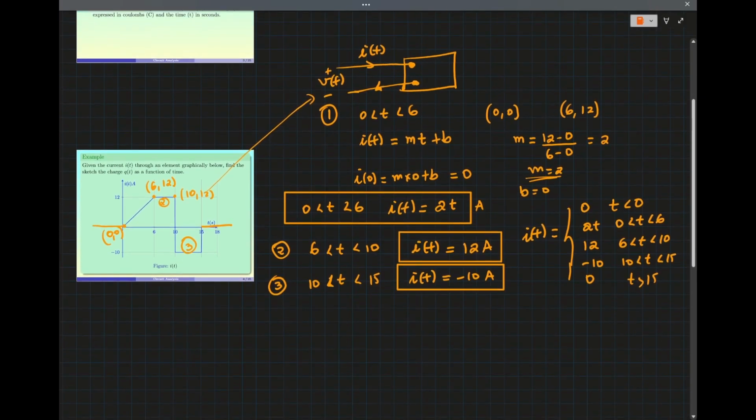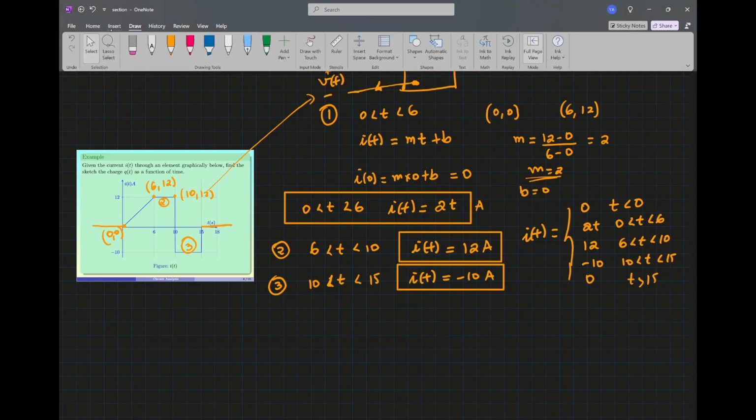Now that we know the current, the question is to find the charge, Q of t. Given the current, what is the charge?